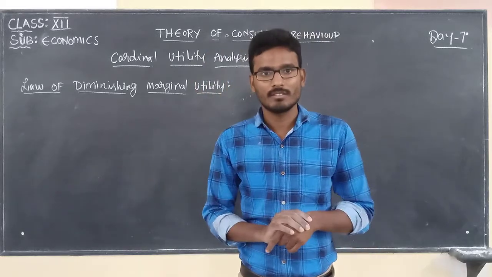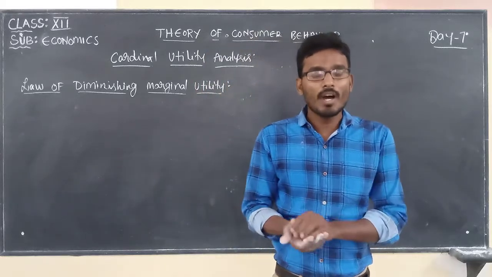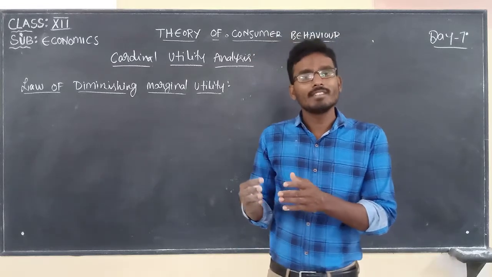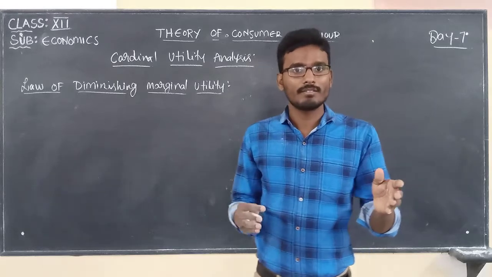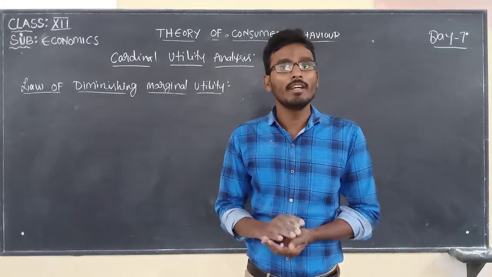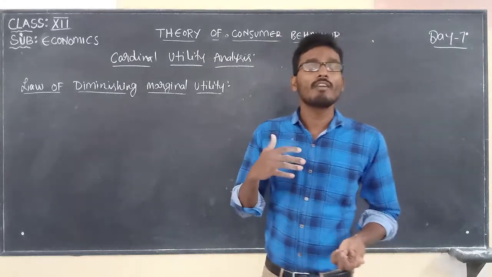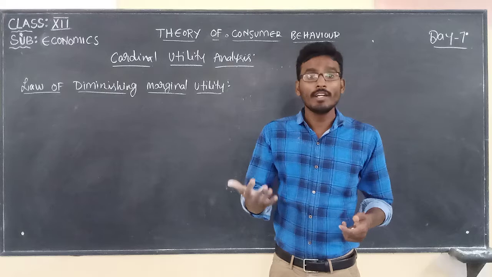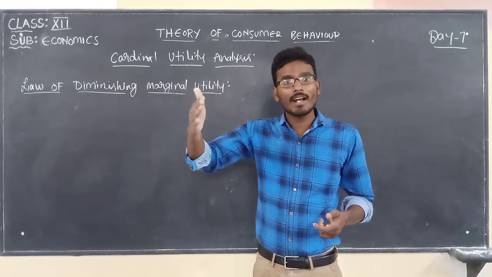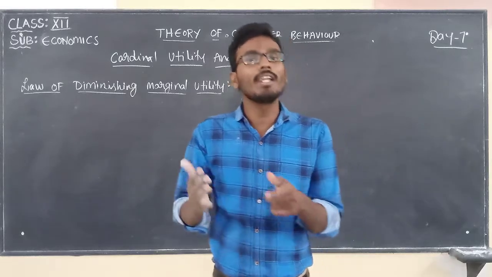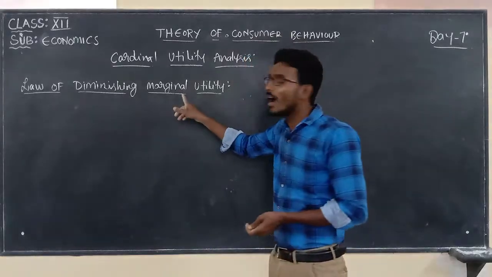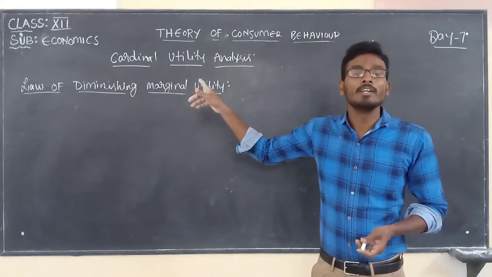What will happen? You are drinking more and more water again and again without any gap. Finally, you will feel like vomiting. So here, after consuming 1 extra glass of water again and again without any gap, marginal utility will decrease. That is all about the law of diminishing marginal utility.